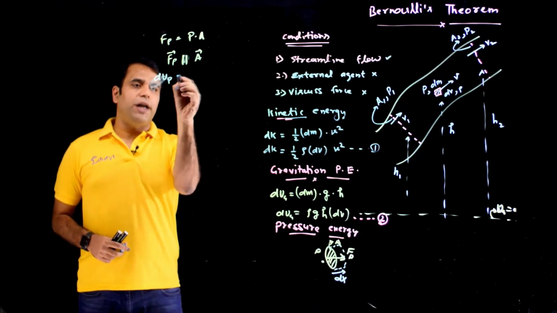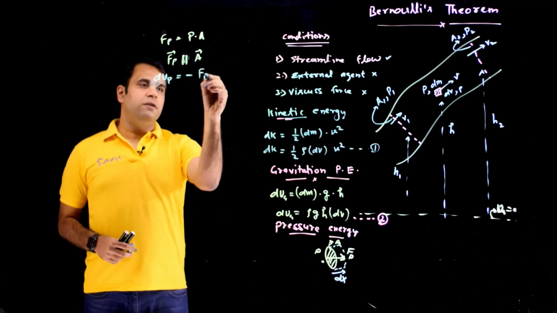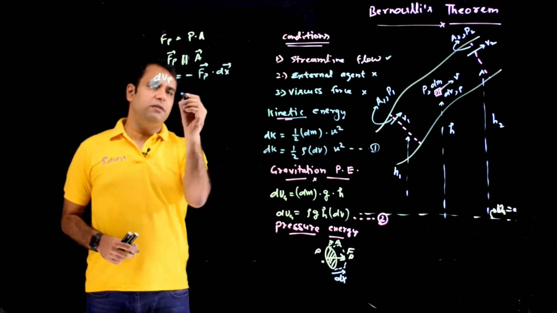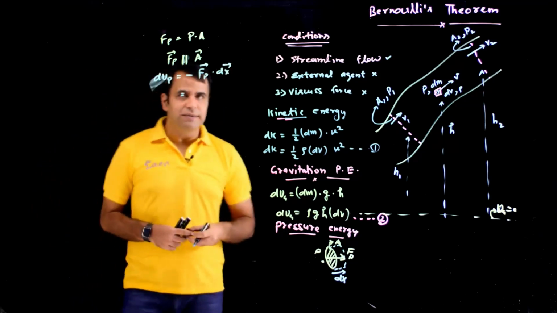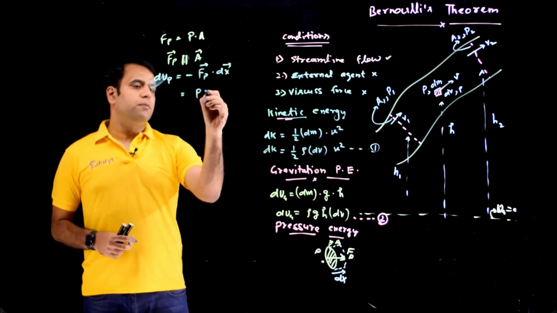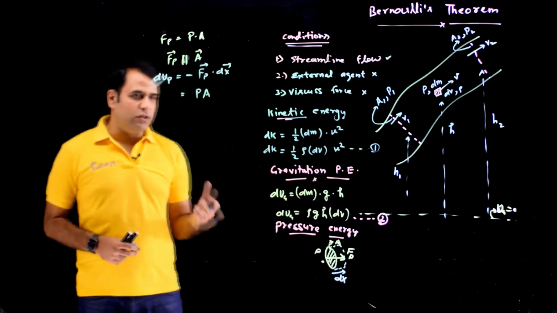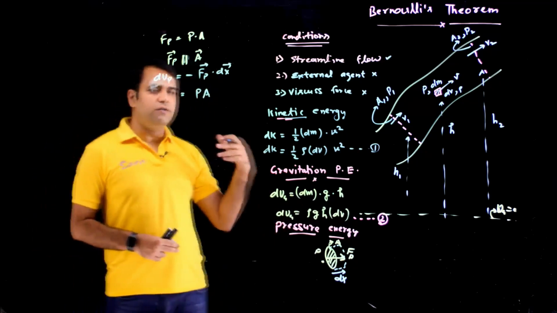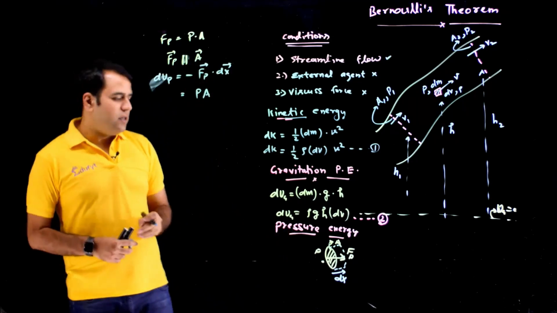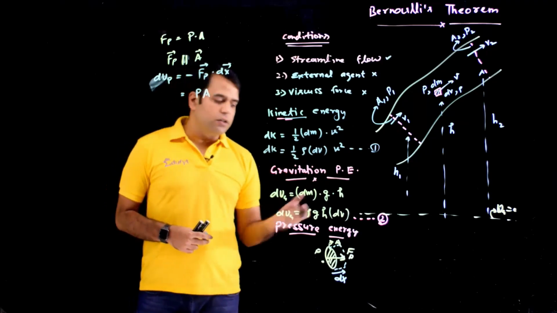So potential energy due to pressure force can be defined as minus of pressure force dot displacement. That's a general formula for potential energy. Let's put the values. So it will become PA, and you see the pressure force and the displacement will be in the same direction because the displacement will be happening in the direction of force. So when you take the dot product, the displacement and the force are in the same direction, so it will be cos 0.